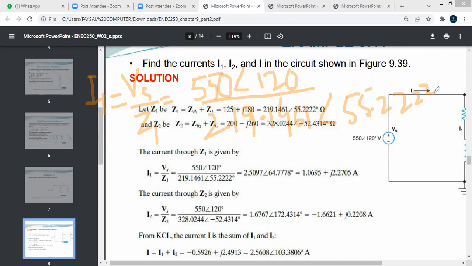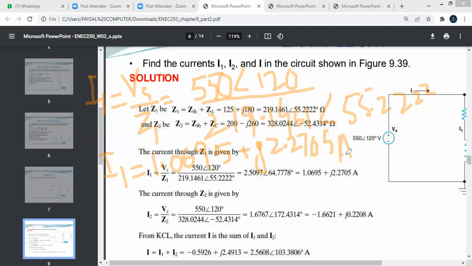So how to find it? For this system, the value of I1 will be equal to 1.0695 plus j into 2.2705 ampere.